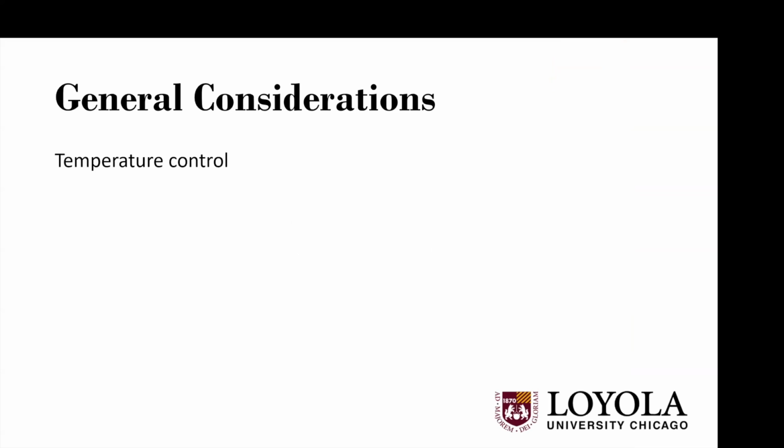I'll take them one by one. Temperature control. The smaller children, especially neonates and children less than 2 years old, are at a very high risk of getting very cold. And you have to think, what is the environment.